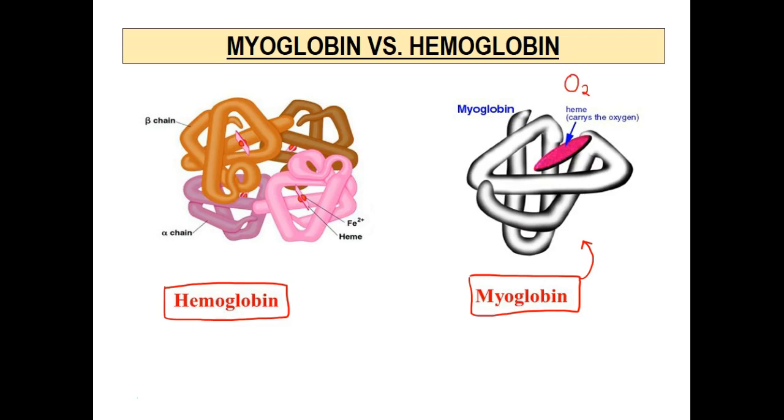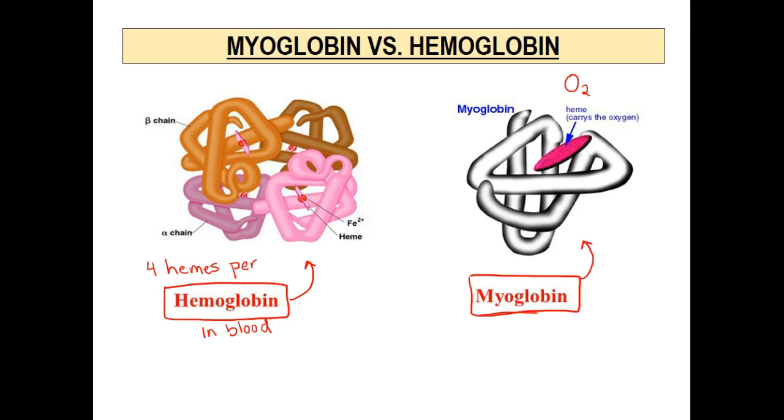But hemoglobin also carries oxygen in the blood. And hemoglobin is this big protein with 4 subunits, and they each contain heme. So you actually have 4 hemes per hemoglobin, and you can carry 4 oxygen molecules on each hemoglobin.